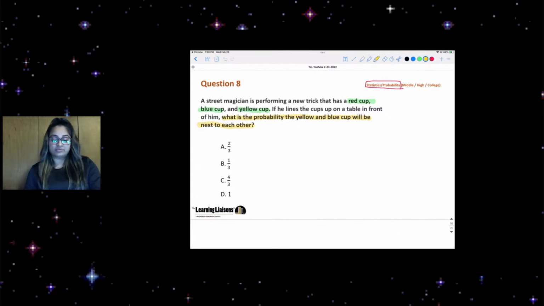Well, I can't really plug this one into a formula because the formula is not going to tell us the actual outcome. It's just going to give us numbers. But we don't want numbers. We want actual combinations of what we have to do and what we see.